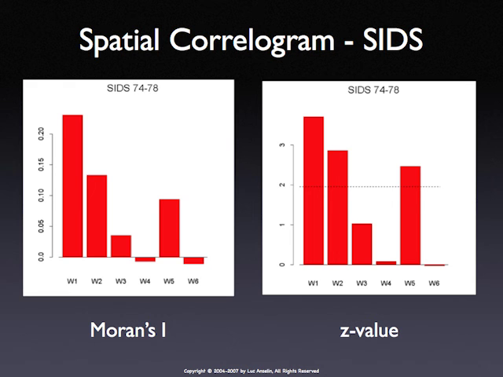The one thing to keep in mind with this is that there is an article, it's quite dated, in the 80s sometime, by Neil Oden about how to interpret a spatial correlogram of this nature. And the problem is one that we've already encountered several times, last week in particular, the multiple comparison. If you do all these tests, the p-values are not the p-values that you think they are.